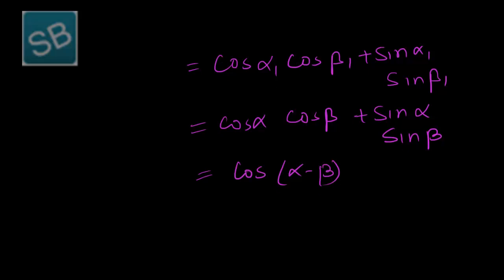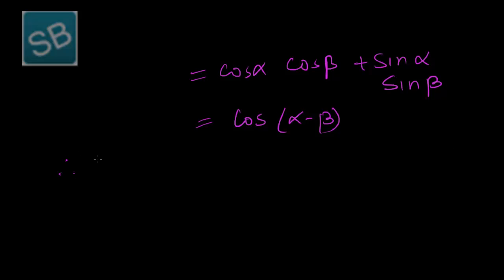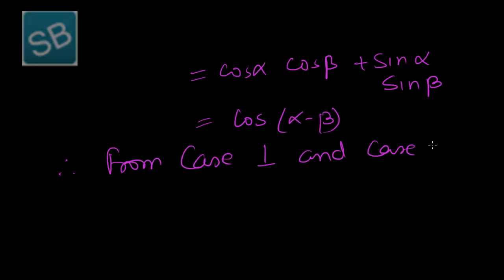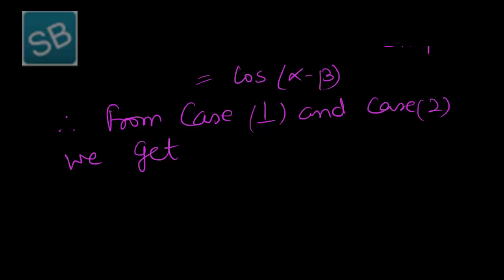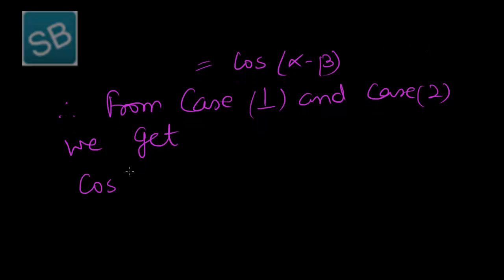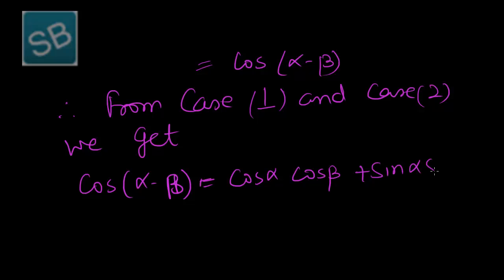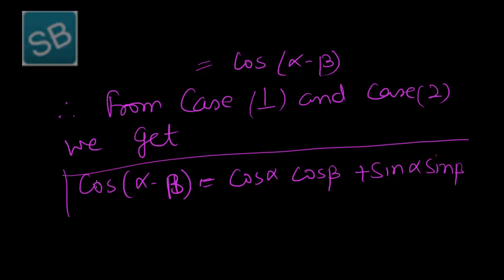So from case 1 and case 2, we get cos of alpha minus beta is equal to cos alpha cos beta plus sin alpha sin beta. This is the first addition formula for cos.